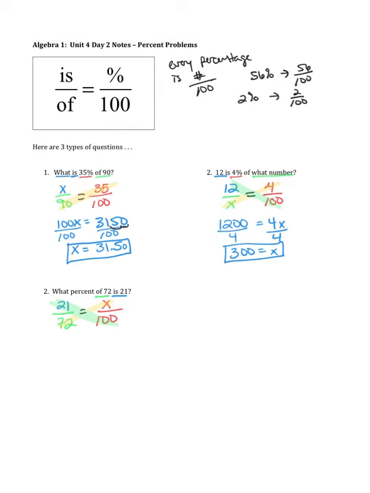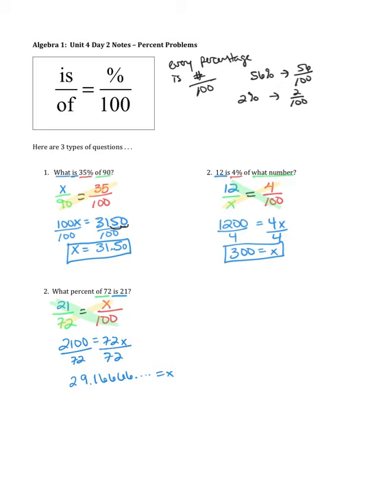So we have 2100 equals 72x. Divide both sides by 72. And this one is definitely a calculator thing. 29.16666 equals x.